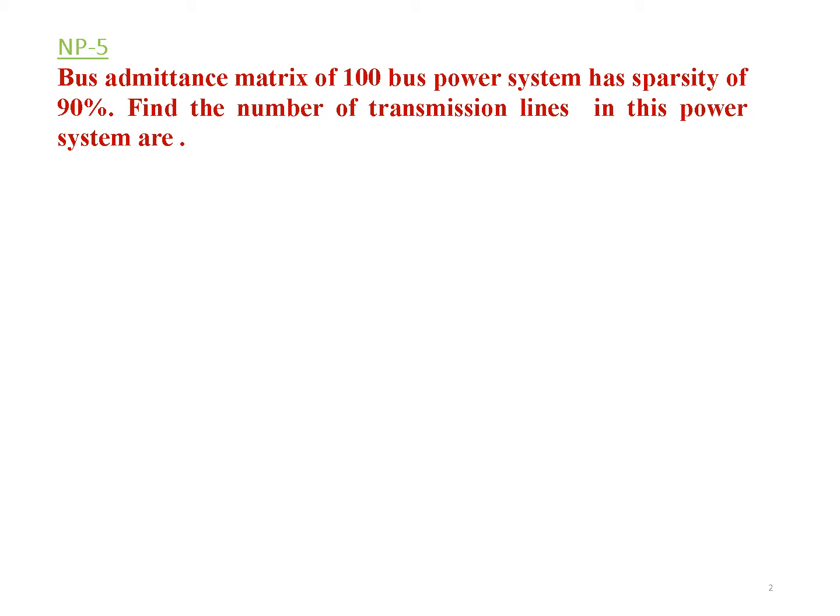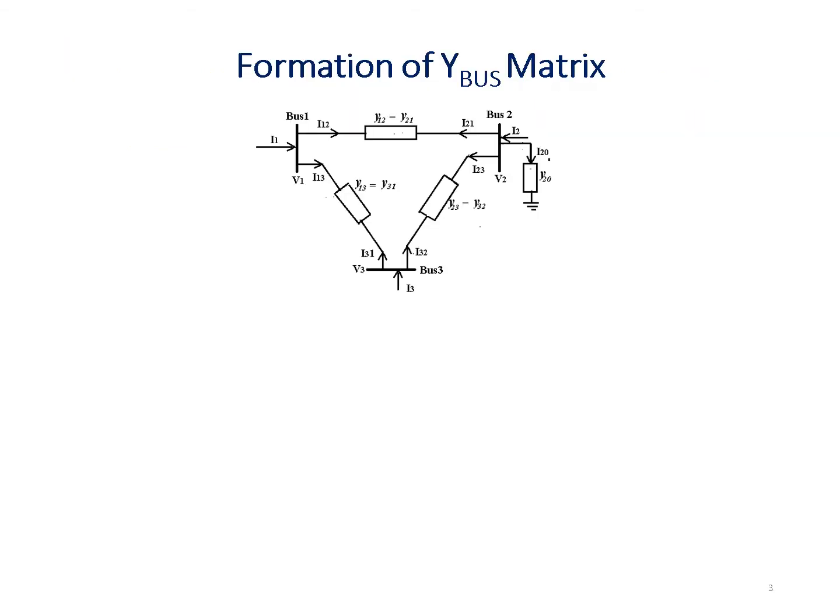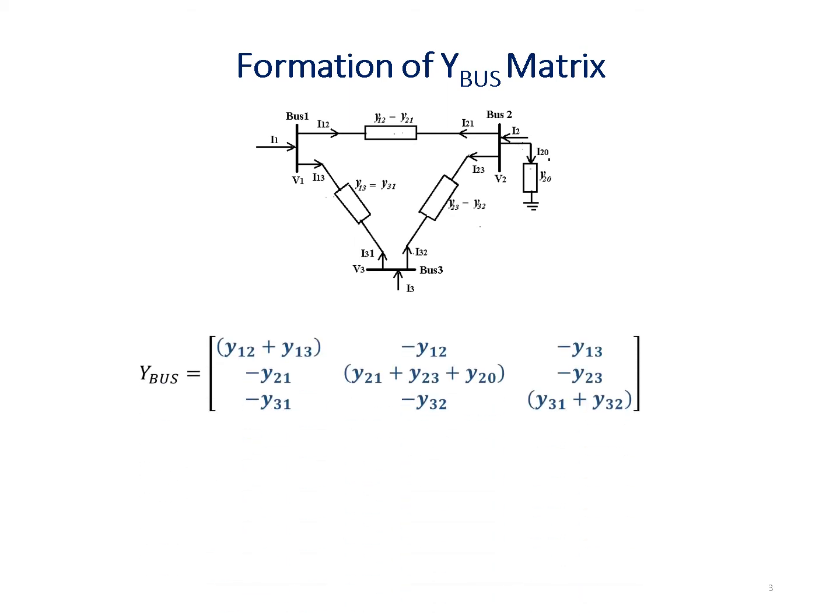So this is the 3-bus power system, and for this 3-bus power system, already in previous lecture sessions we discussed how we form the Y-bus matrix. So this is the Y-bus matrix.